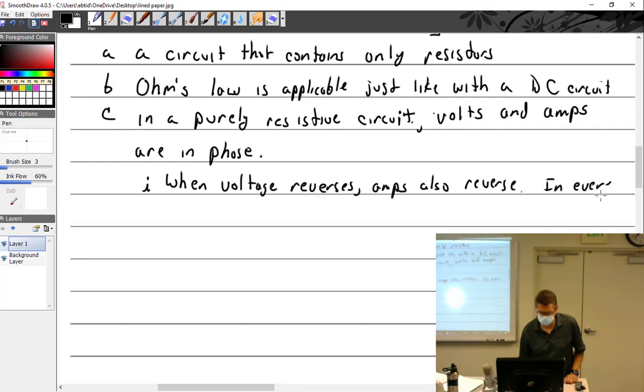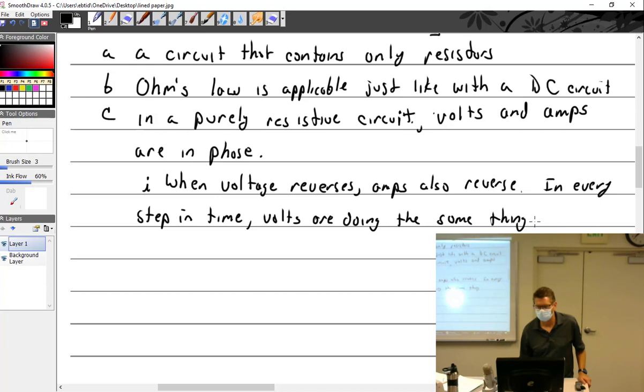In every step in time, volts are doing the same thing as amps, except at a different amplitude, meaning not the same.